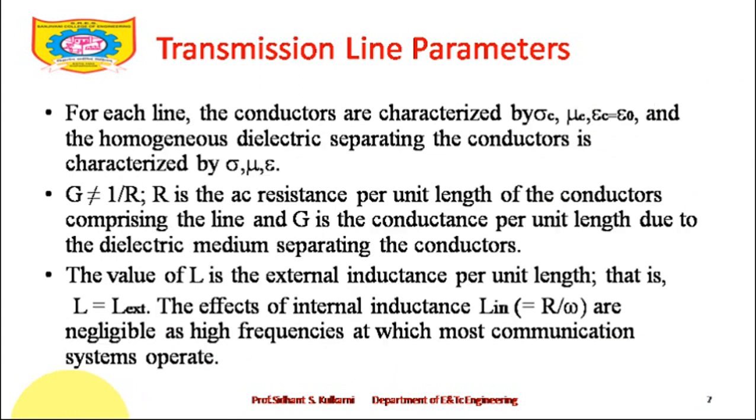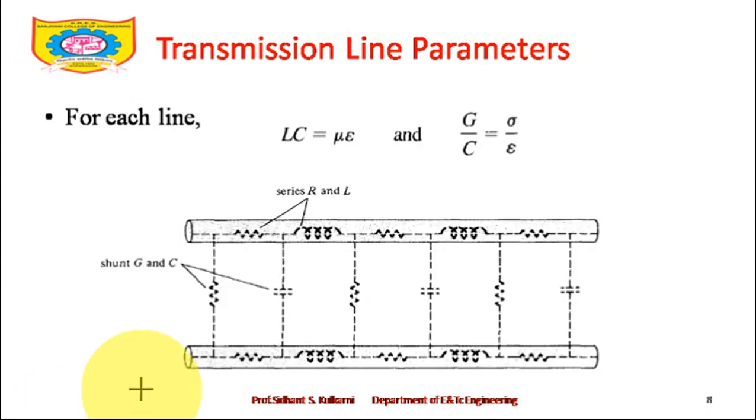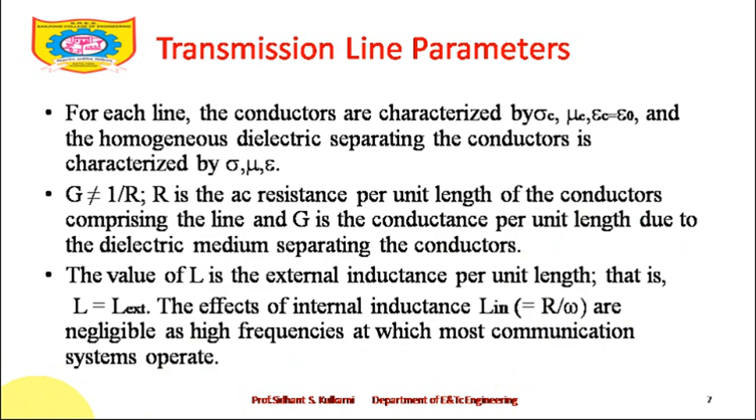Then coming to the next point, for each line the conductors are characterized by, since there are two conductors running parallel to each other, sigma c, that is conductivity, mu c, that is permeability of a conductor, and epsilon c, permittivity of a conductor, equal to epsilon naught. The homogeneous dielectric separating the conductors is characterized by sigma, mu and epsilon, because there is a dielectric medium between these two conductors.